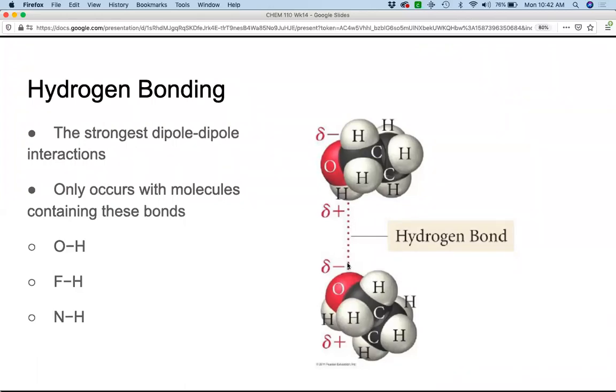So we draw our hydrogen bonds dashed or as dots because that's how we make the distinction between a strong bond like a covalent bond that's drawn with a solid line and the weakness of a hydrogen bond. So hydrogen bonds are the strongest of the intermolecular forces, but they're nowhere near as strong as the covalent bonds.